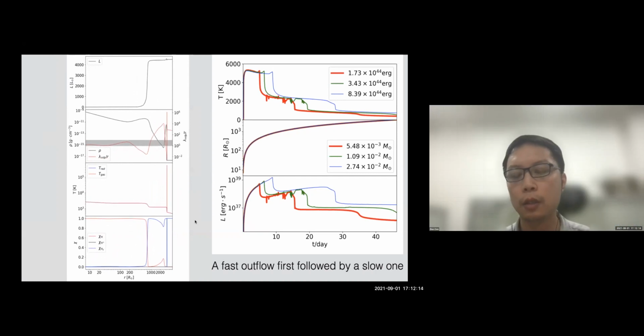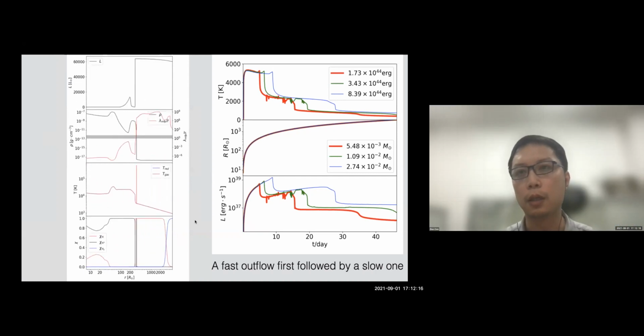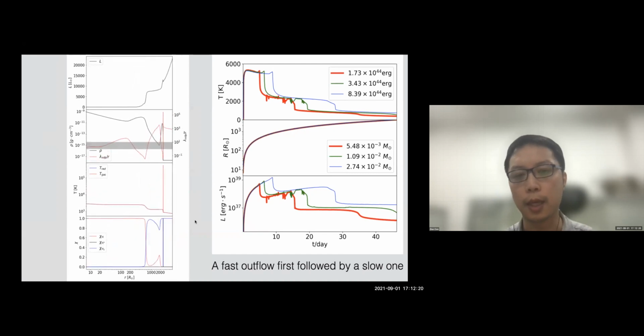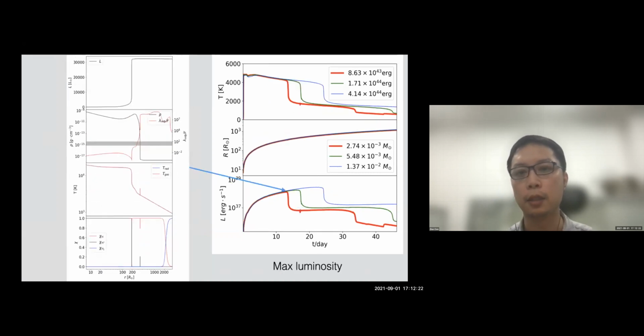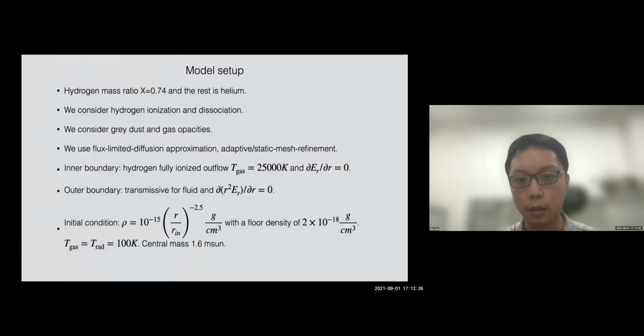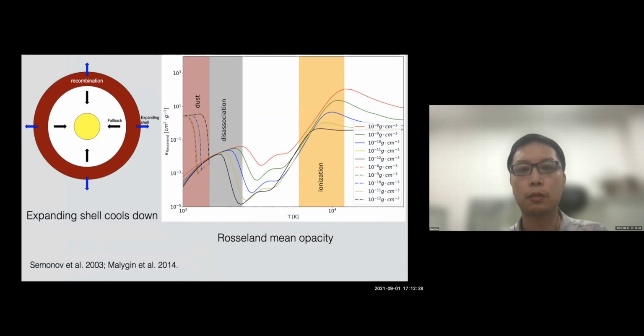Temperature. The dust usually forms at 1300 K, and the dust only plays a role in the opacity here. When the temperature drops below 1500 K, we use dust opacity.